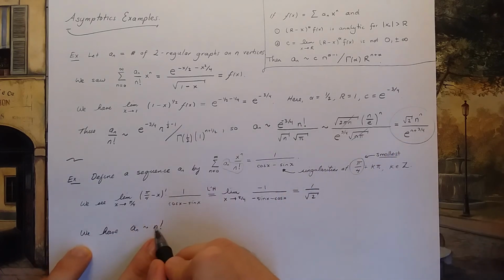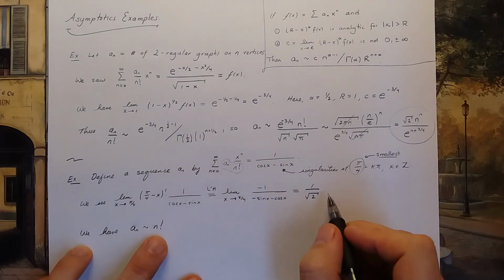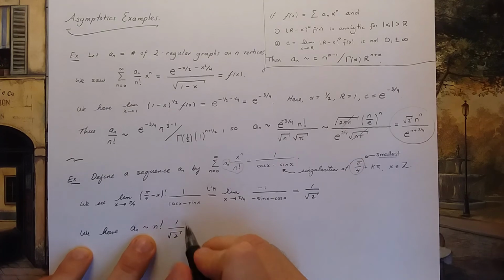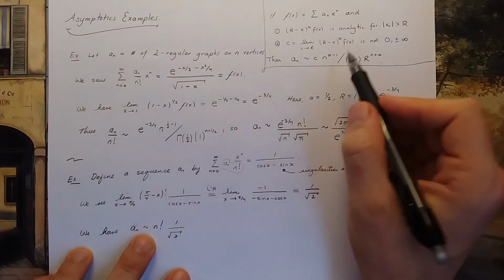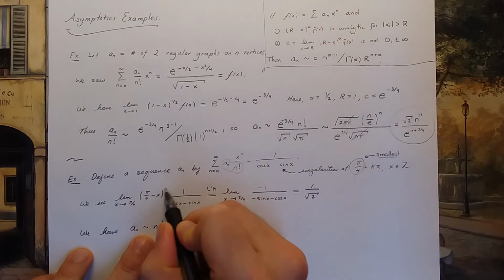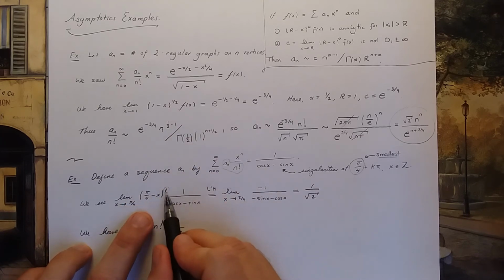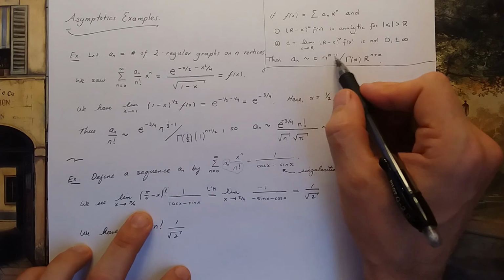So anyway, I get an is asymptotic to n factorial. The constant c is 1 over the square root of 2. I have n to the 0 power. Alpha, in this case, is 1. That's the exponent I needed to cancel out the singularity. So in this case, alpha is 1, so I don't have any n power.